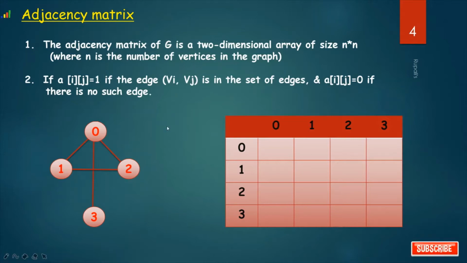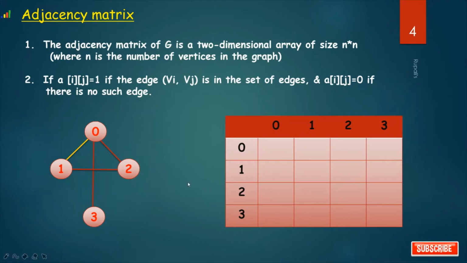So if there is an edge between vi and vj, then a[i][j] equals 1. A means this two-dimensional array. See, if I consider 0 to 1 or 1 to 0, because it is not a directed graph, you have to place 1 at both 0 to 1 and 1 to 0.